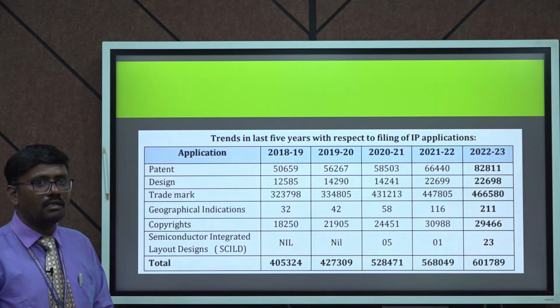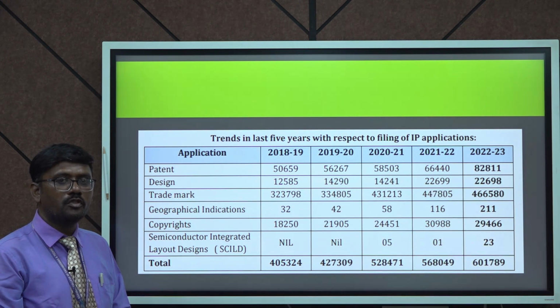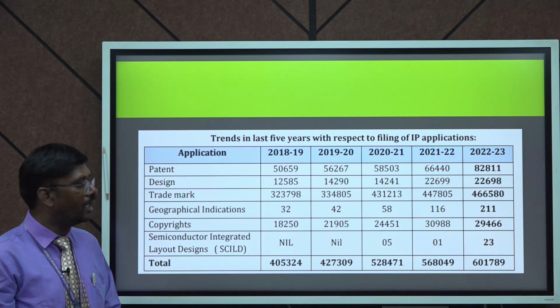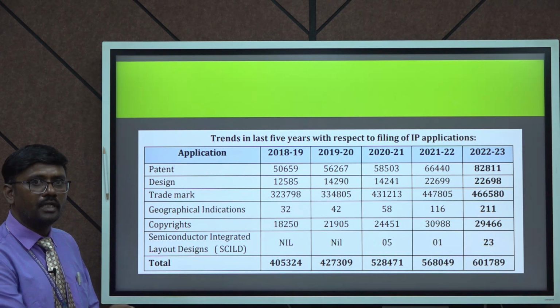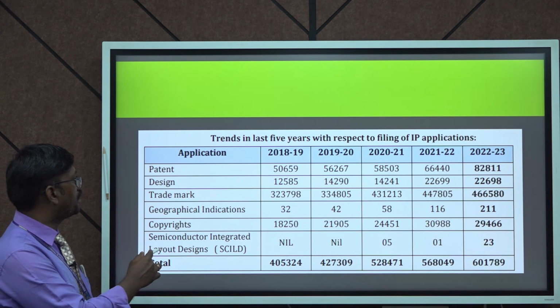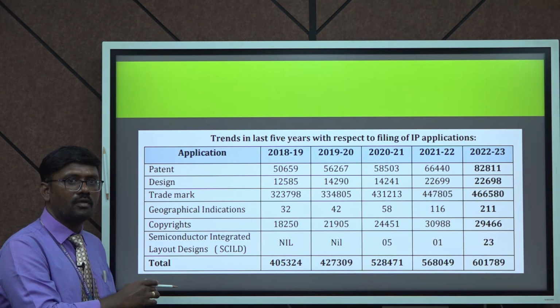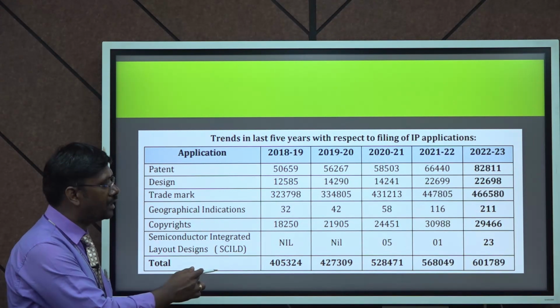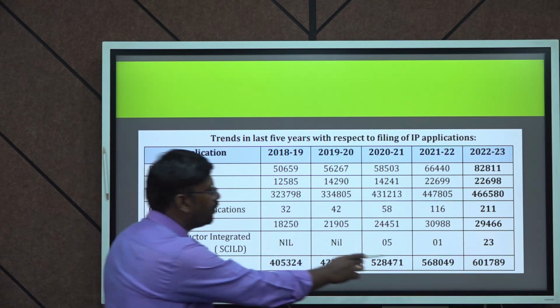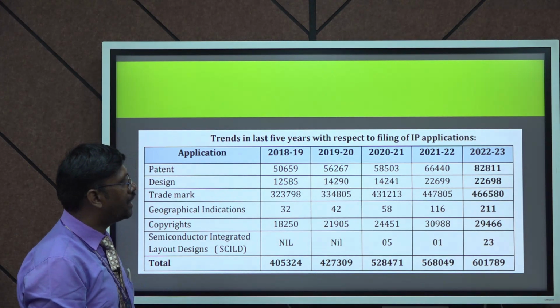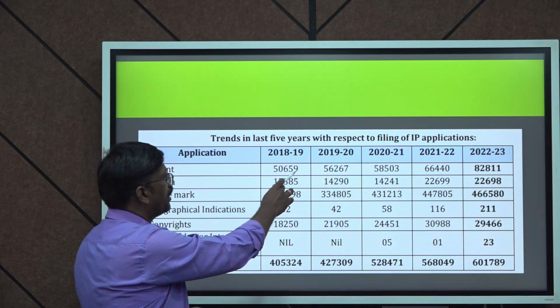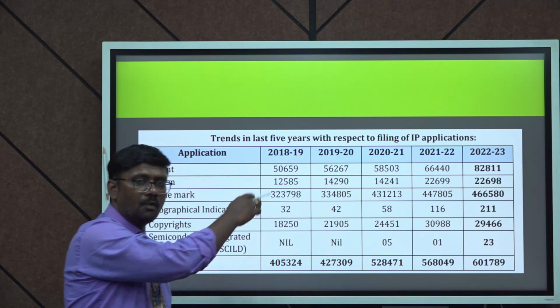Okay, as I said, we will see some statistics related to patent filing in India. This data shows how, in various years, the numbers of patents, designs, copyrights and trademarks are increasing. You could see that the number of patents filed in 2022 is very much higher than in 18-19. Before COVID, the number was very low.